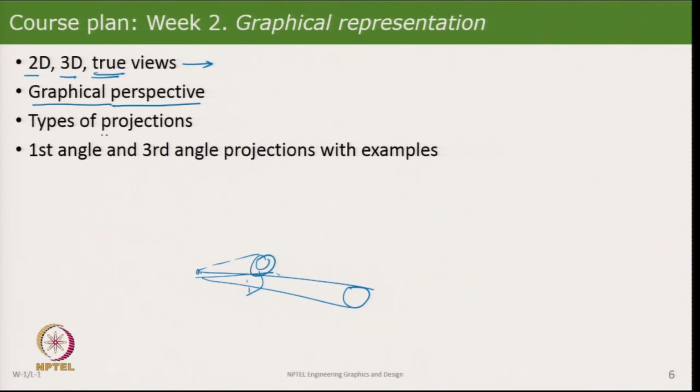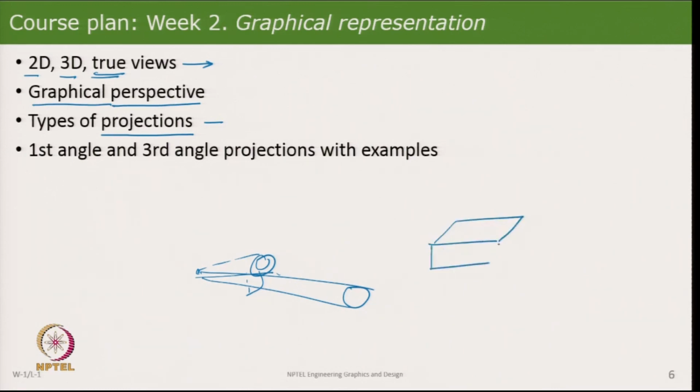Then we will look at the concept of projections, where we ask the fundamental question: how many views or how many pictures of an object do I need to make to fully convey every aspect of that object? So, that is what we will say as projections, where I can look at the object from different viewpoints.